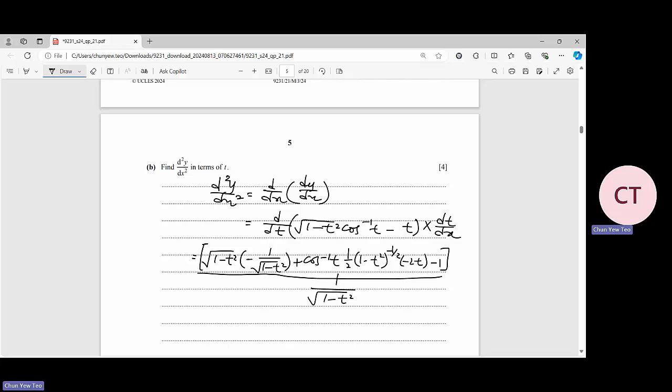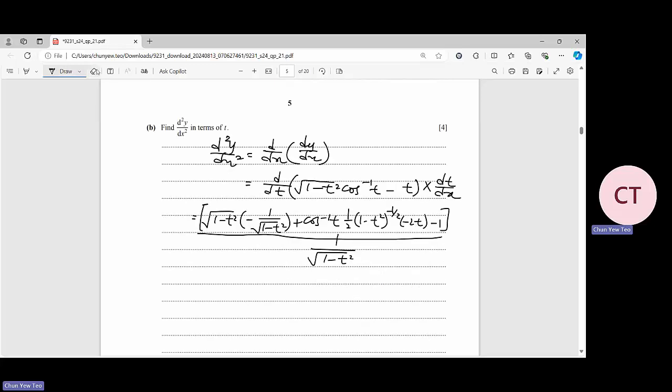Okay, so now I just need to simplify it. Over here, this denominator, the whole thing, I am going to multiply everything by, it's the same as multiplying everything by the square root of 1 minus t squared. Because of space constraint, I didn't write it like that. Then straight away, this one can cancel, so you get a negative square root of 1 minus t squared.